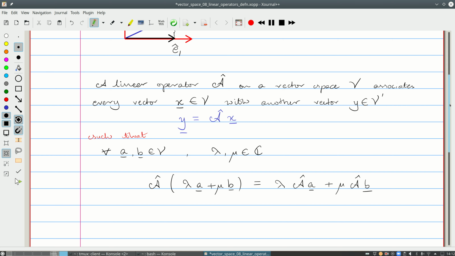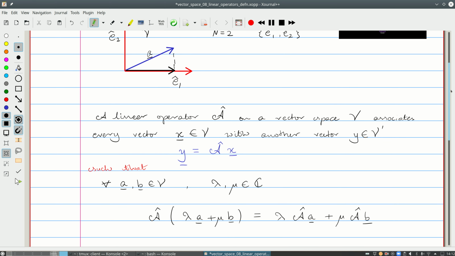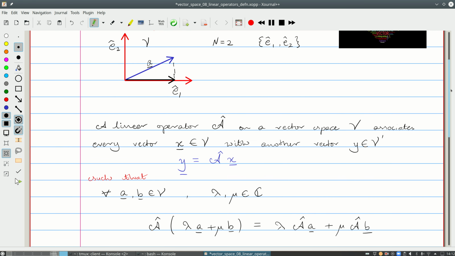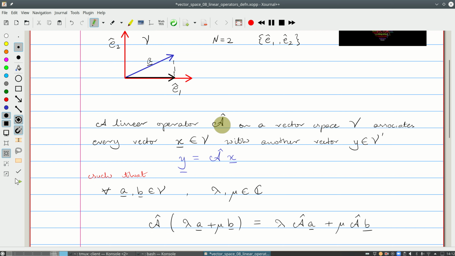Okay, so let's summarize. A linear operator A is some operator, and I've given you examples of a rotation or a projection, or you could even have the identity operator. The identity operator would take every vector in the space V and keep it the same as it was.